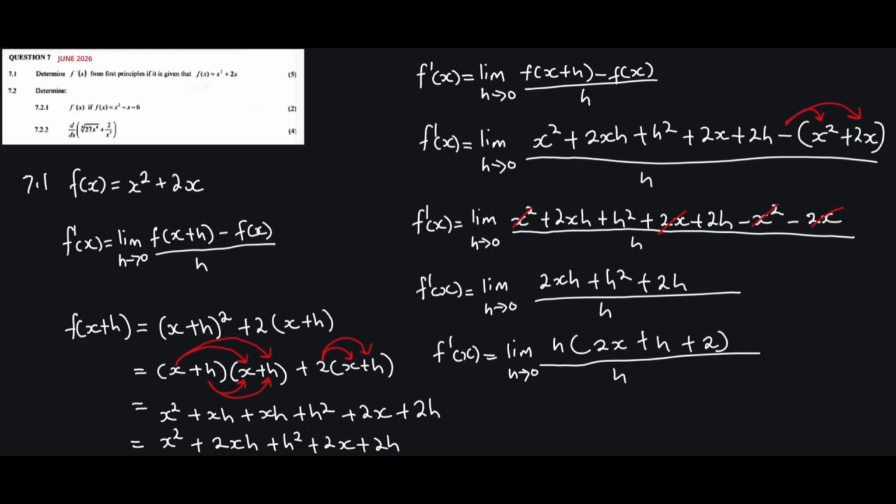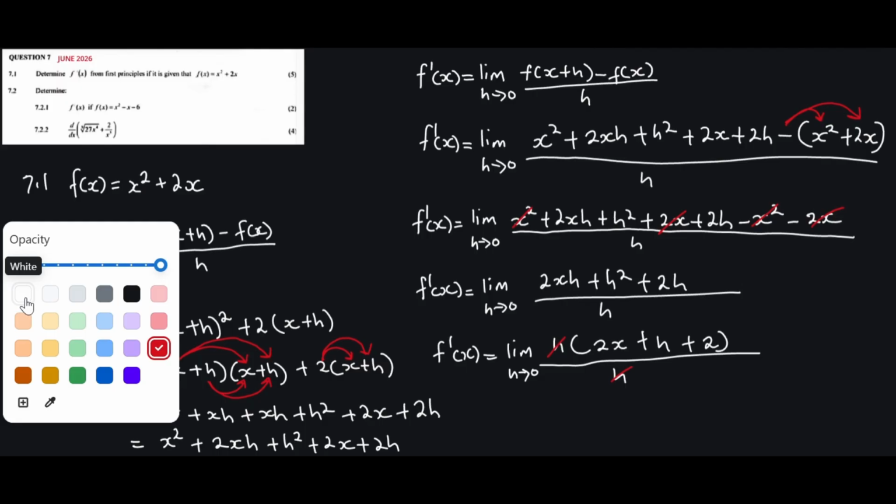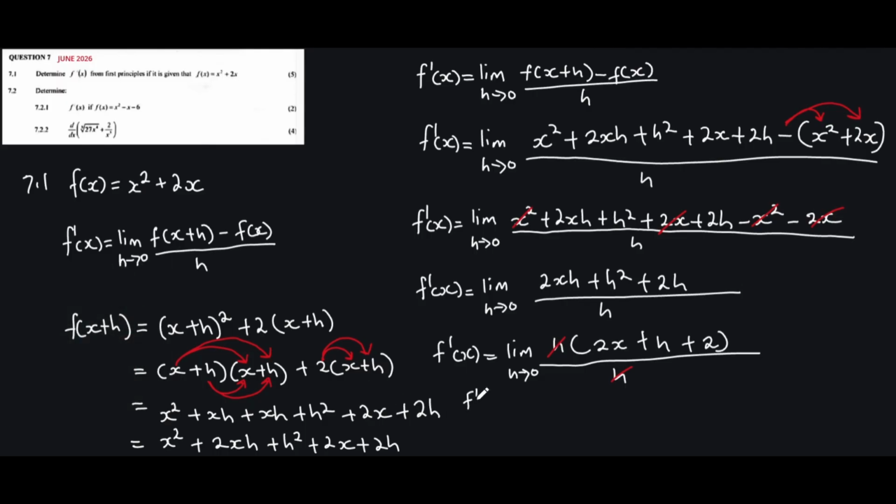Now you can see that we can get rid of h in the denominator, because that h there will cancel with that h in the denominator. Therefore, you are now left with f prime x equals the limit when h approaches 0 of 2x plus h plus 2.